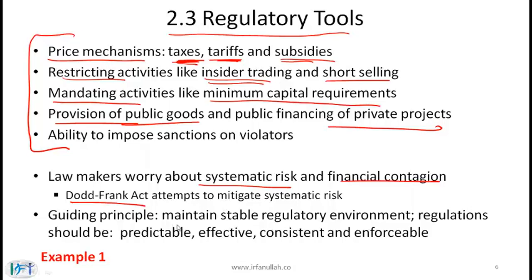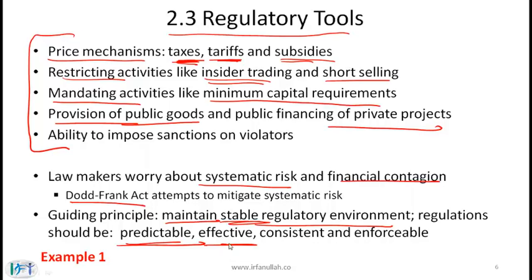So the guiding principles are as follows: to maintain a stable regulatory environment. Now, stable doesn't mean that the regulatory environment does not change. It simply means that regulations should be predictable. In other words, we should not have regulations that take the industry or society by surprise, because that creates uncertainty. So regulations should be predictable, they should be effective.